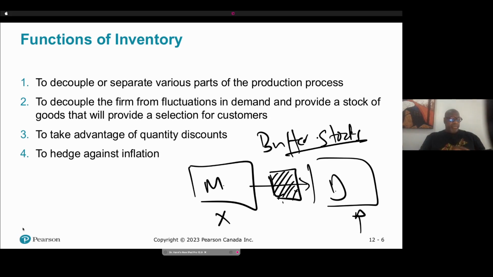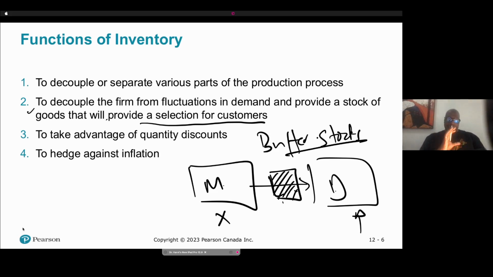The other role that inventory can play is to decouple the firm from fluctuations in demand and provide a stock of goods that will provide a selection for customers. What we're saying is that demand fluctuates.